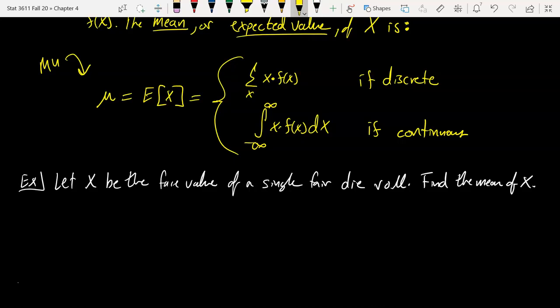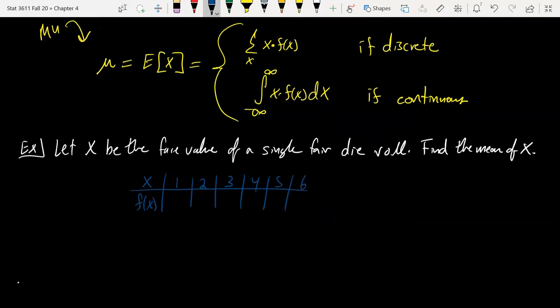Okay. So what I would do here is write out the probability distribution for x. We roll a standard 6-sided die, so 1, 2, 3, 4, 5, or 6. All outcomes are equally likely, so the probability of getting any of these individual numbers is 1/6.